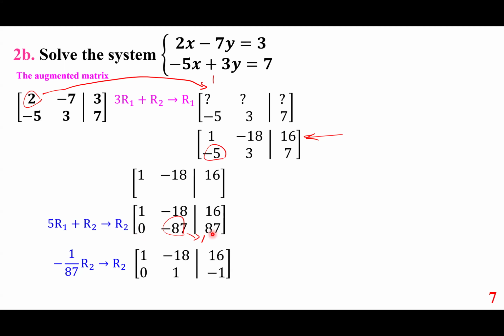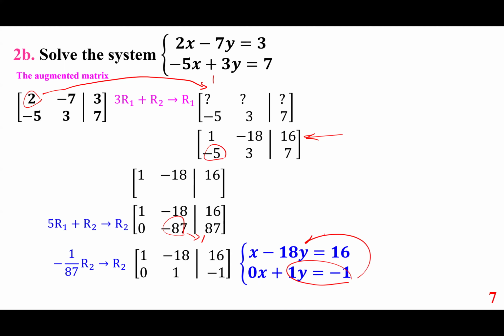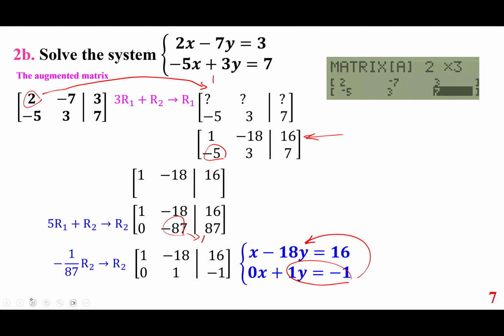And if we were to write it, just look at the last one, it really says y equals -1. Or 0x plus 1, y equals -1. This one, 1x minus 18, y equals 16. And y is -1. You put it here and you find the x. So we've done that already. But what about the matrices?